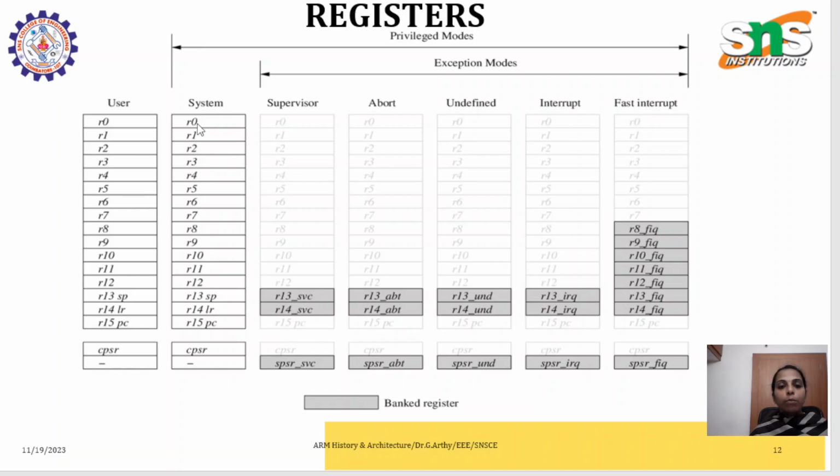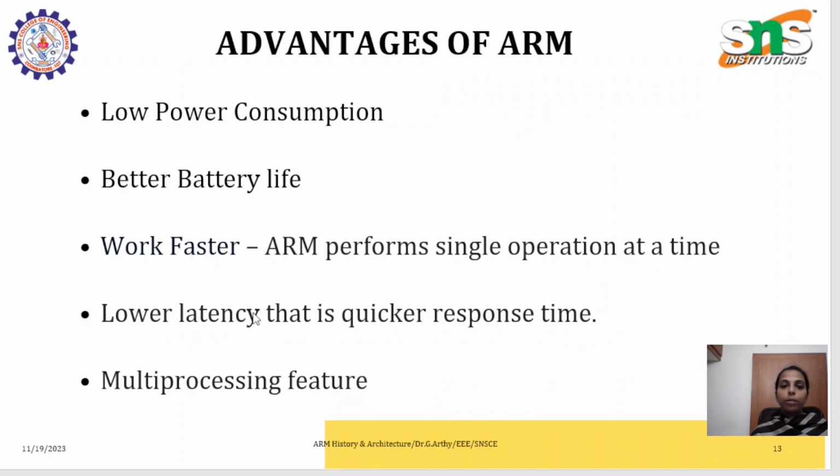In all these modes, R0 to R12 are common, and the remaining registers are used as program counters or stack registers, or as the CPSR, that is the current program status register. So for all these other purposes, the other registers are used.